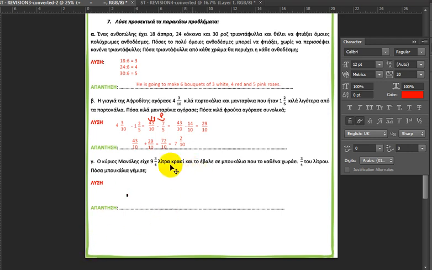Let's see. 4 times 9 is 36 plus 3 is 39 quarters. All right. So now we want to do 39 quarters divided by 3/4.